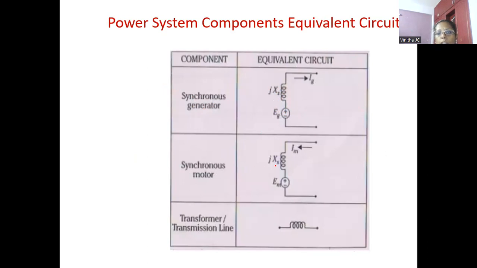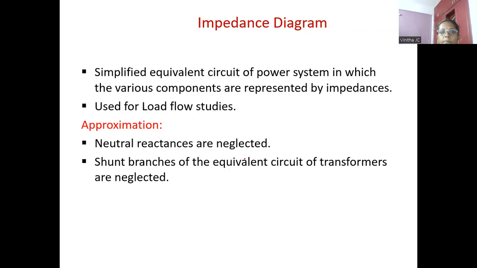Similarly, the synchronous motor is its EMF value as well as its corresponding reactance, and transformer or transmission line is represented by its reactance value. The only difference between the generator and motor is the direction of current flow. For the generator, the current flow is from the generator towards the load, and for the motor, it is from the supply towards the motor. This is the difference between the generator and motor.